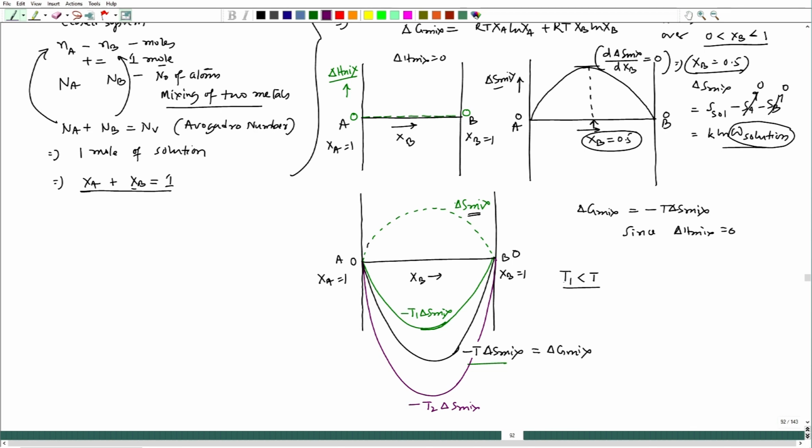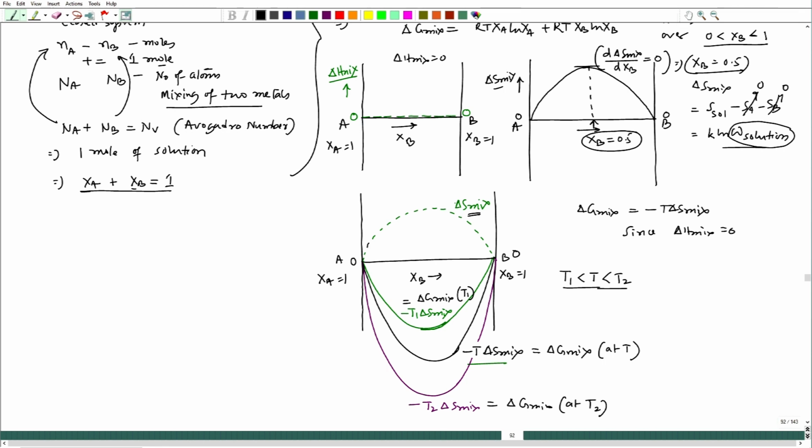So, the relation between this would be fine, and every time this is delta G mix at T1 and here at T, like that. So, now correspondingly you see that the curve is symmetrically moving up and down depending on increase or decrease in temperature.